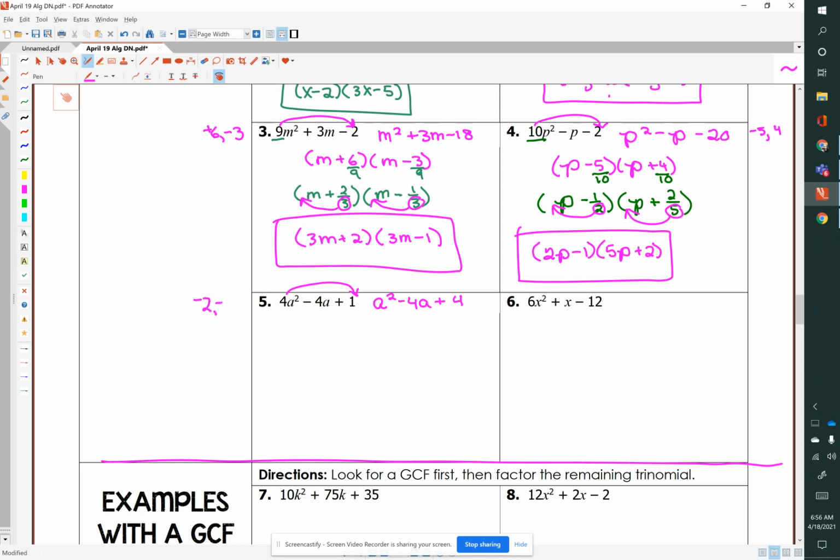Negative 2 plus negative 2 add up to negative 4, and they multiply to positive 4. So a minus 2, a minus 2. Now we're going to take that leading coefficient of 4 and use it as a denominator in both of these binomials. And we'll reduce these fractions, so it would be a minus 1/2.